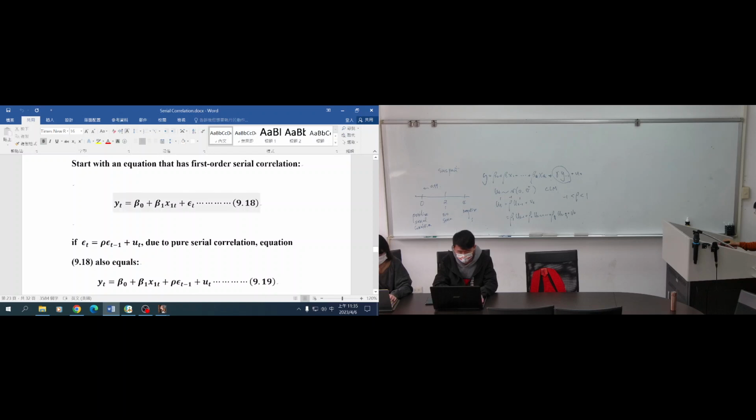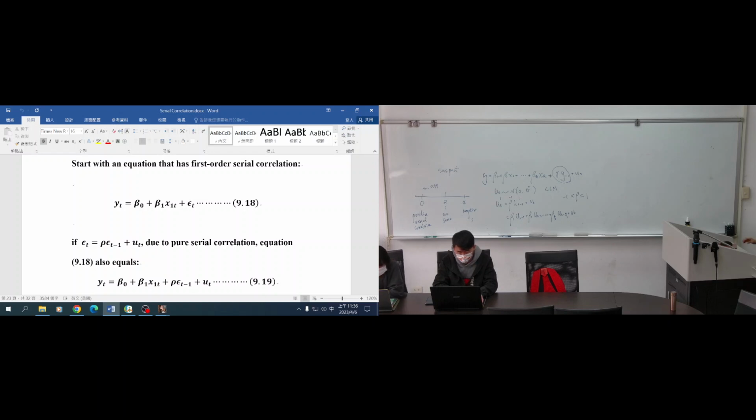Since this one is exactly the same as this one, I can replace 9.18 with 9.19. Is there any problem with these two equations? This is from our textbook too. Since this one is equal to this one, I just replace that into this one. Is that clear? Did that make sense?